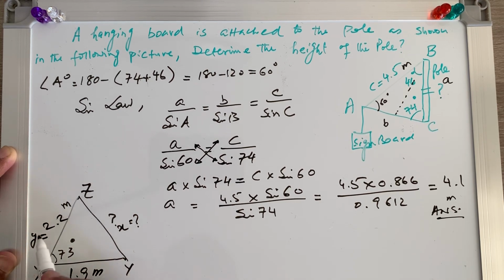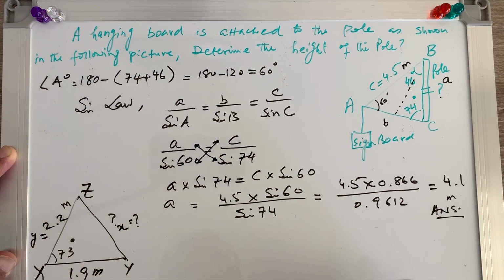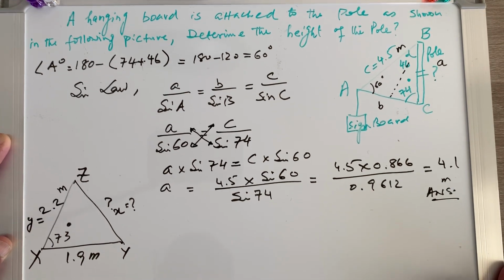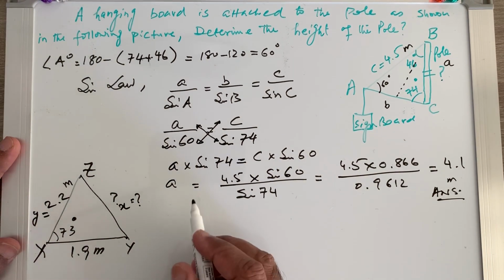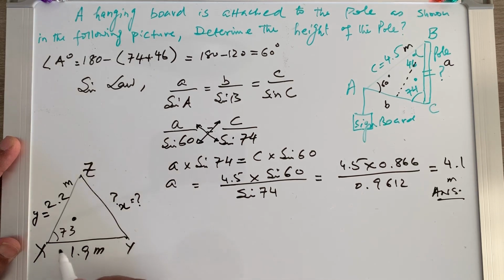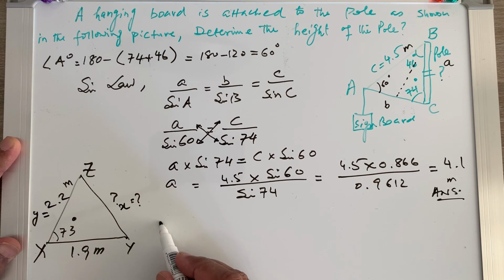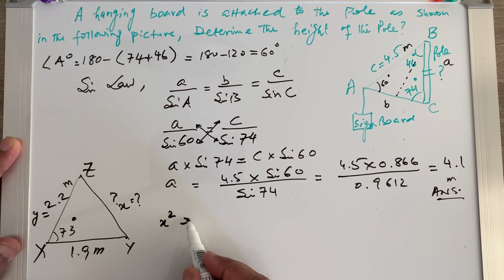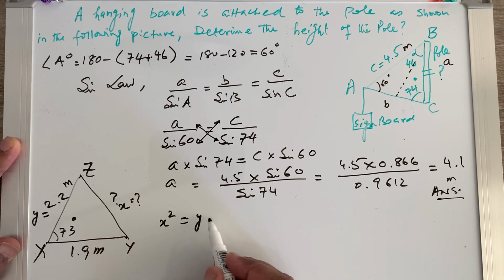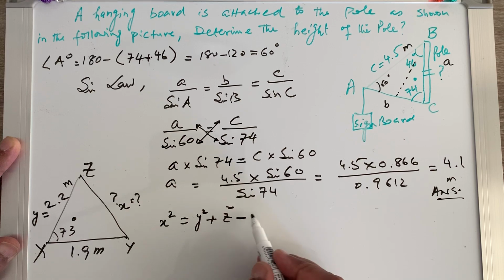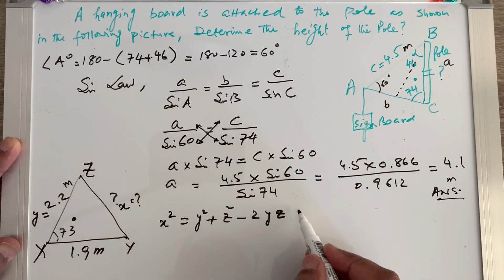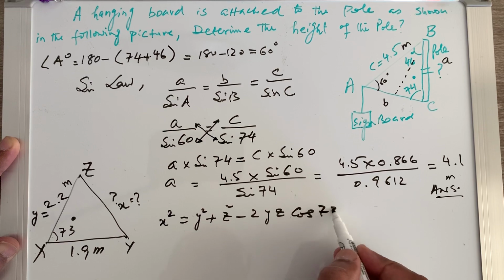Now when two sides and their included angle are known, we can easily use cosine law. Two sides and their included angle. And what is cosine law? For your memory, we always start with the unknown side squared, which equals the sum of the squares of the two other sides, y squared and z squared, minus 2yz cos 73.